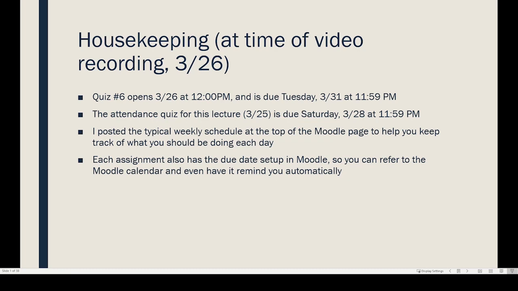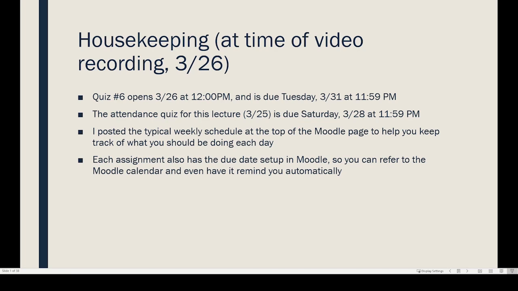And then there's a couple of things to help you try to stay organized in this whole new format. I posted an example of what the weekly schedule will look like up at the top of our Moodle page. So it can help you keep track of the assignments and everything that you should be keeping up with each day, the quizzes and when the lecture slides come out. And then also on Moodle, all the assignments that I've set up, all those quizzes, they have open and close dates and expected due dates and things like that.